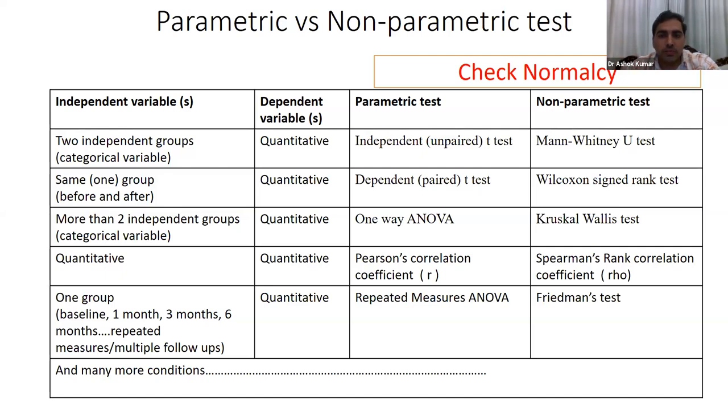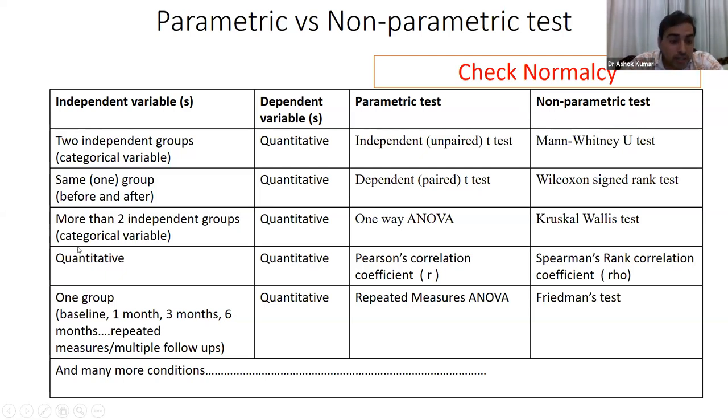Non-parametric test is less powerful. So we have to check normalcy, and if quantitative data is normally distributed, we use a parametric test. And if quantitative data is not normally distributed, we use a non-parametric test.